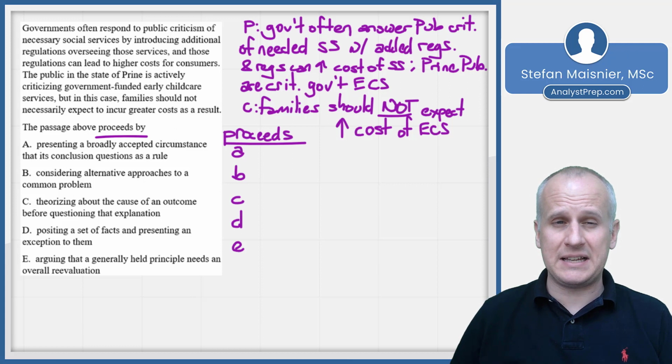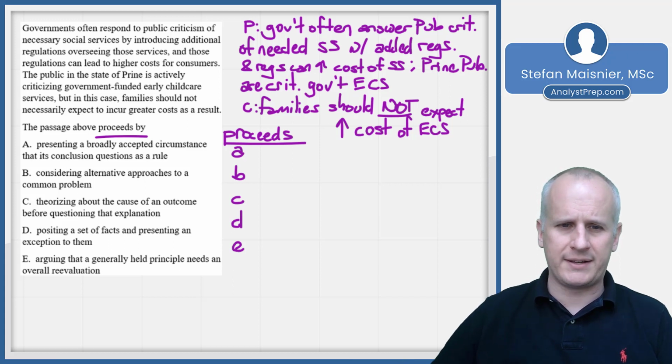And yes, it does take a little bit of time to write this out. You're going to refer to your premise and your conclusion that you've written out as opposed to going back into the paragraph. But hopefully, by doing this effort to start, you will only have to go through the choices on a single pass. So choice A, presenting a broadly accepted circumstance that its conclusion questions as a rule.